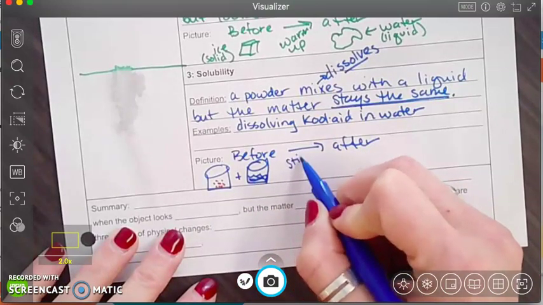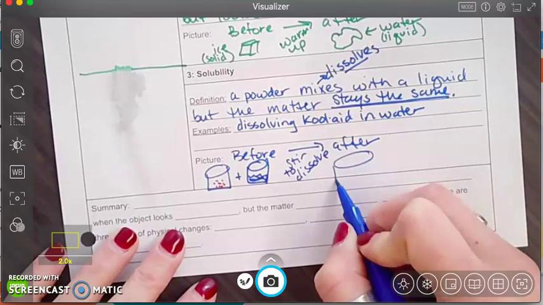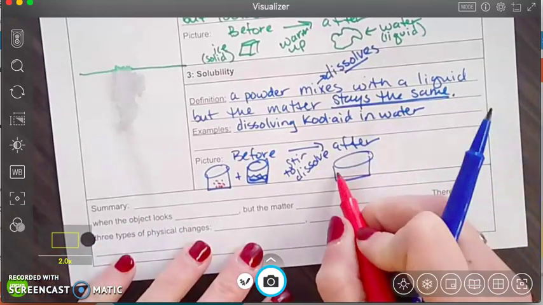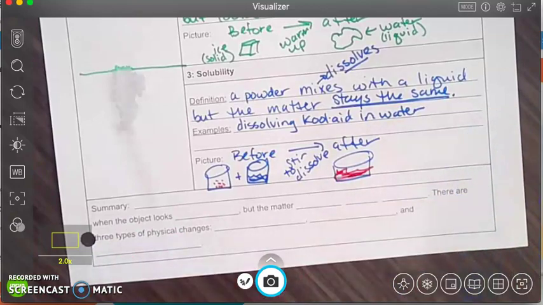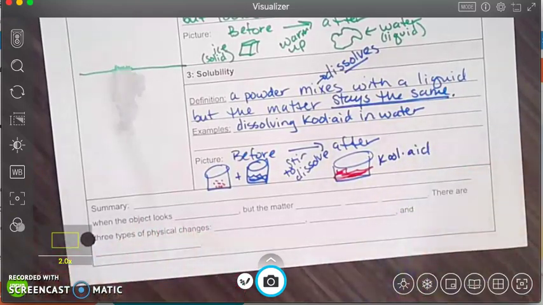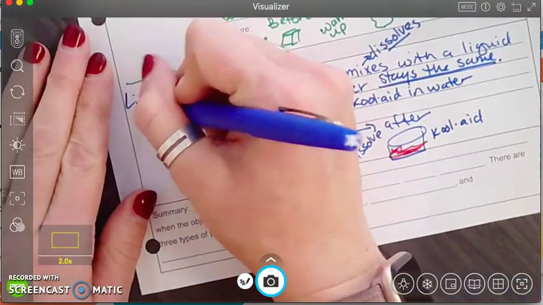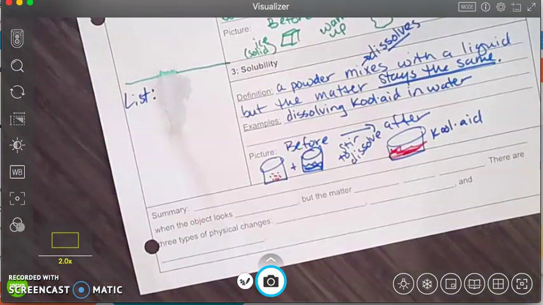I stir to dissolve, and now I get my red Kool-Aid. Still the same matter. I want you to press pause and come up with other things that are soluble, so things that dissolve in liquids. Come up with another list. Press pause to do this as a class. Press play to begin again.